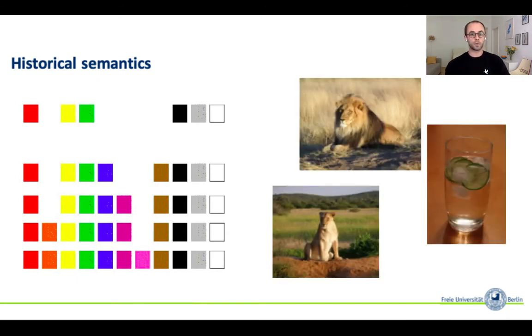Today we're going to talk about a more abstract thing, the so-called semantic features, which you might already know from your introductory classes. And we're also going to have a look at how we can employ these features to study meaning change. We're also going to talk about lions and alcoholic beverages.